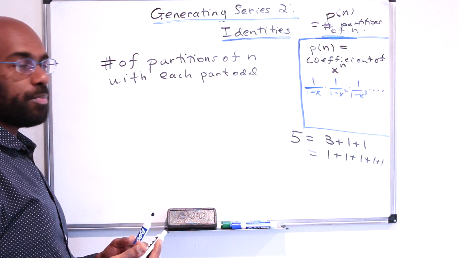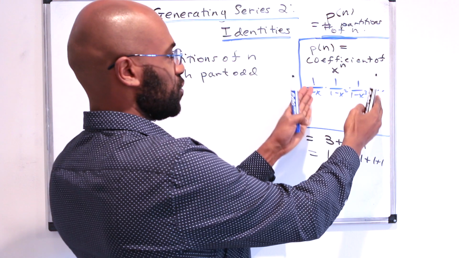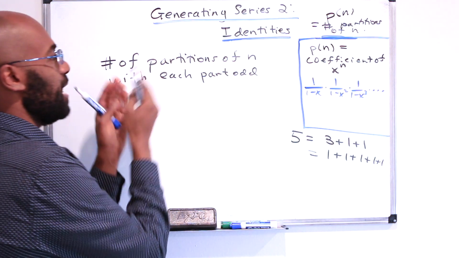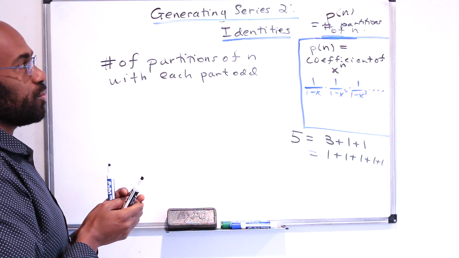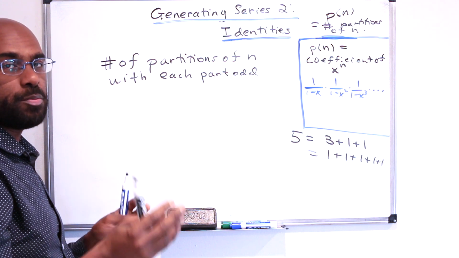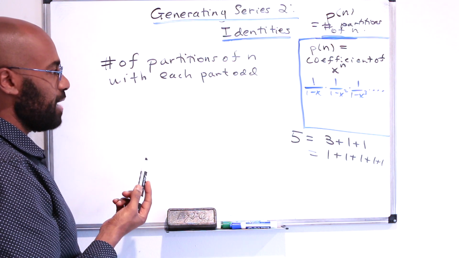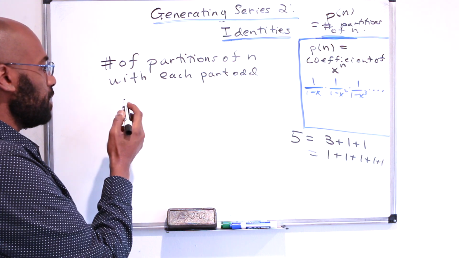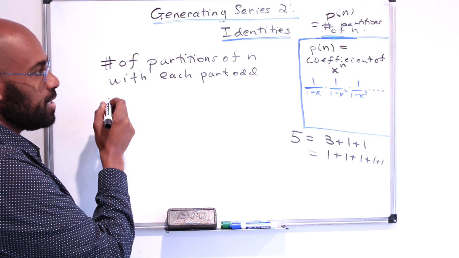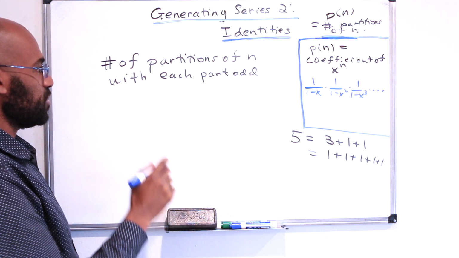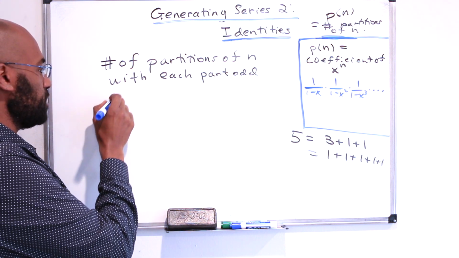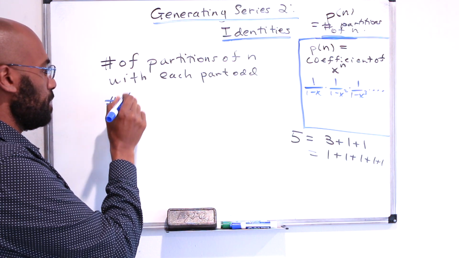So let's develop a power series whose coefficient of x to the n tells us the answer to this. And that's sort of the goal with generating series, and then we'll manipulate this to figure out something actually quite interesting about this count. Okay, so again, the idea with the generating series is to look at contributions individually.